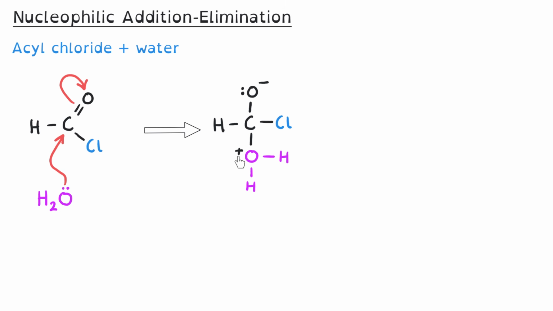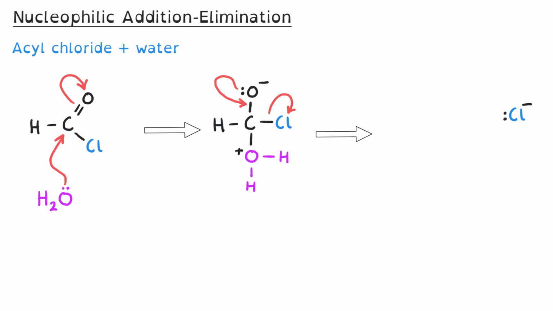What happens in stage 2 is the elimination. That double bond between the carbon and the oxygen reforms using the lone pair that the oxygen temporarily took out of the bond. Then the chlorine is going to leave, taking the pair of electrons that it was sharing with the carbon away with it.